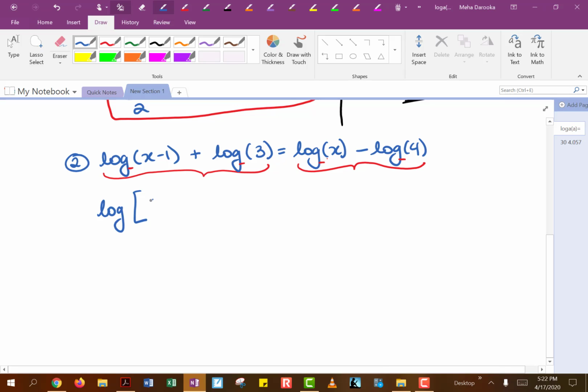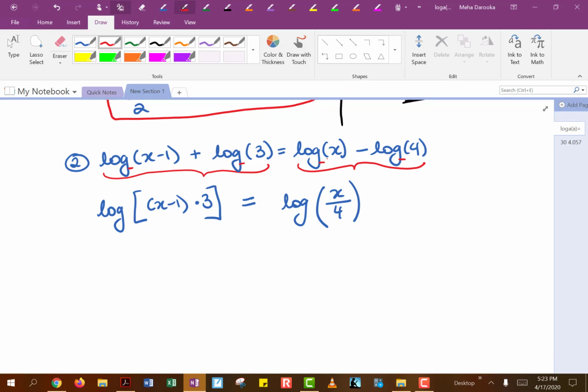So you are going to take x minus 1 and you're going to multiply it with 3. On the right hand side, you have a minus sign. So the minus sign tells us we use the quotient rule. So that will be log, and then quotient rule, of course, x goes on the top divided by 4 goes on the bottom. So we go ahead and convert these into single logarithms.